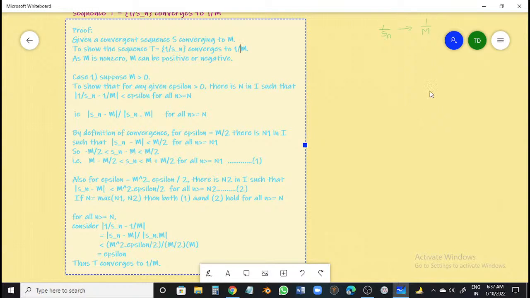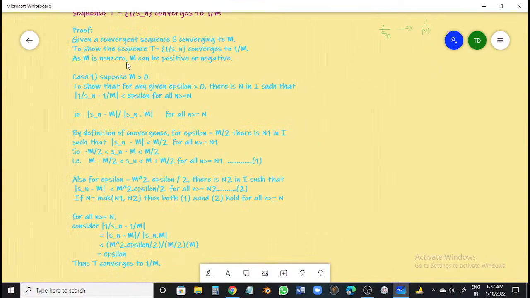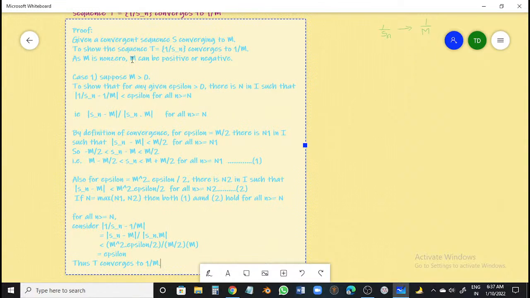Now as m is non-zero, m is either positive or negative, so we have to deal with the cases. Whatever we prove for positive, the same can be taken for negative, because in that case it will be minus 1 by Sn kind of terms, going to minus 1 by m.